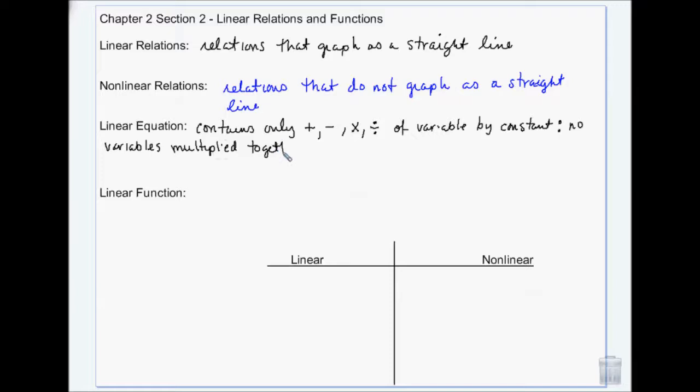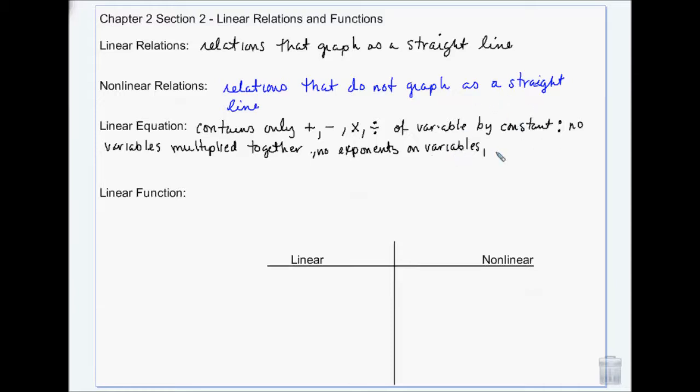No variables can be multiplied together, so you can't get any, like x, y's in there. No exponents on a variable. So no x squareds, x to the thirds, nothing like that.